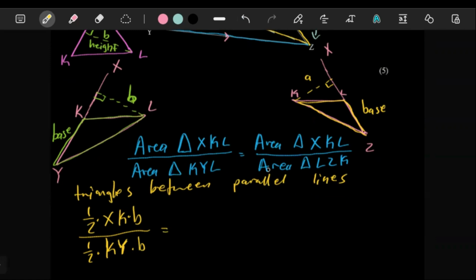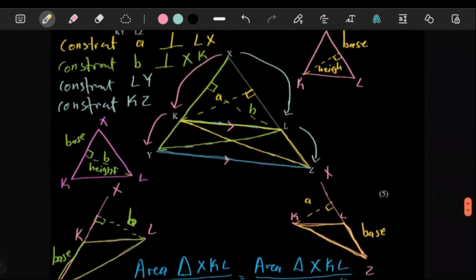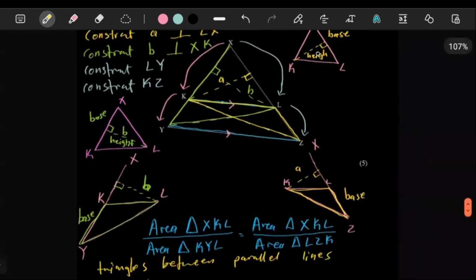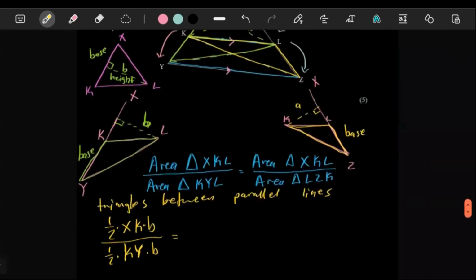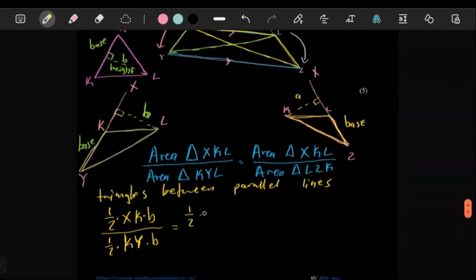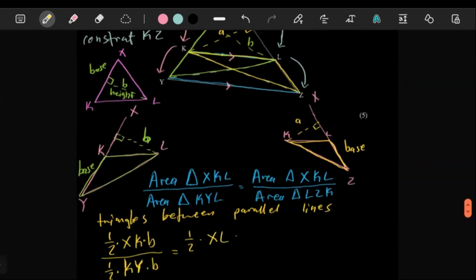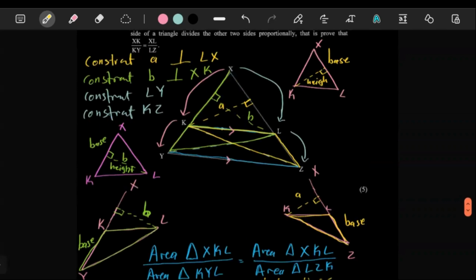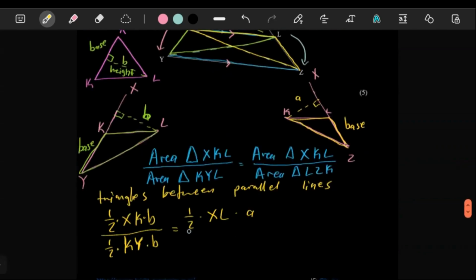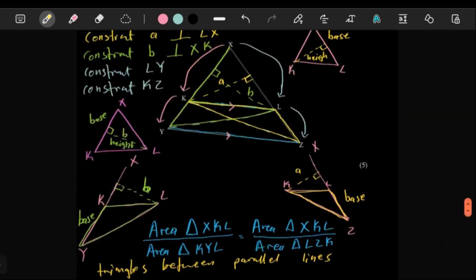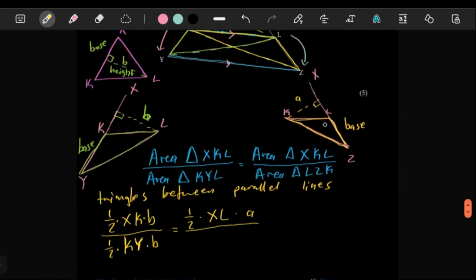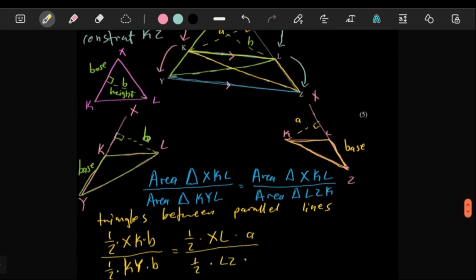For these two areas, you would use these two triangles. If you're going to write out the area of XKL here, it's going to be a half. The base, you already know, is XL. The perpendicular height is the A there. And the triangle down here, its area is going to be a half, the base is just LZ, and the perpendicular height is just A there.